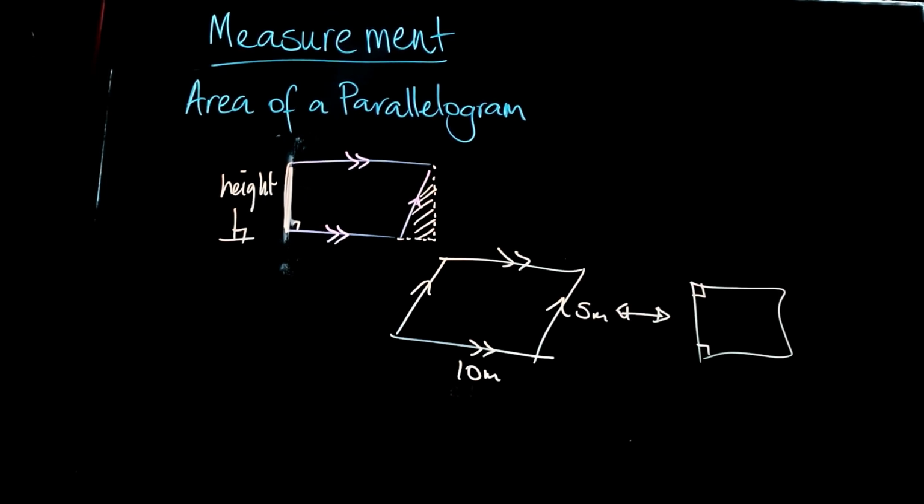But see, I'm putting my right angles in here just to make sure that you understand that this is a rectangle. And let's do the work here. We know that the area of a rectangle is equal to length times width, and we've got 10 times 5 which is 50 meters squared.